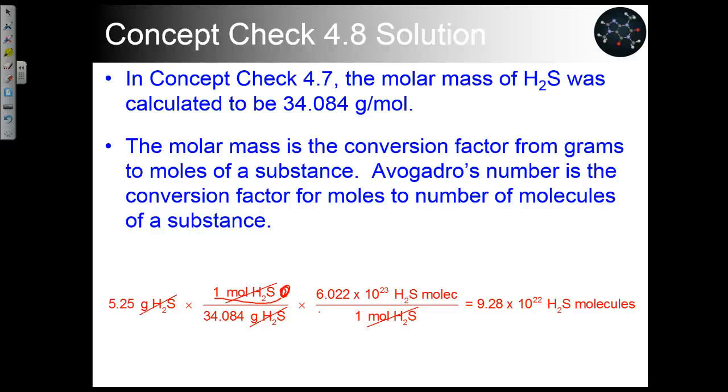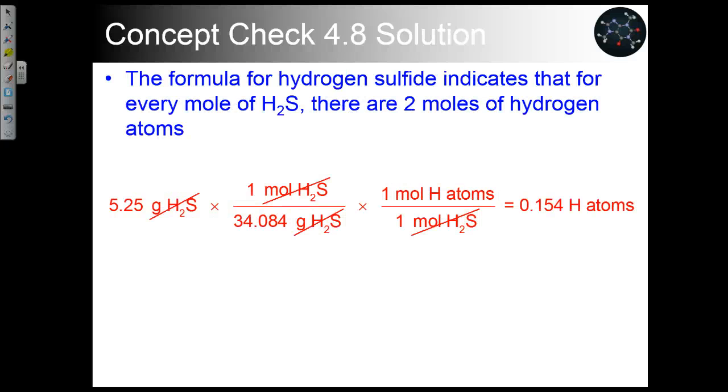what was that? Hydrogen sulfide, there are two molecules. I can't speak today. 2 moles of hydrogen atoms. 5.2 for hydrogen sulfide. We did the same of H. Why say 1 mole of H2S times 1 mole of H2S?